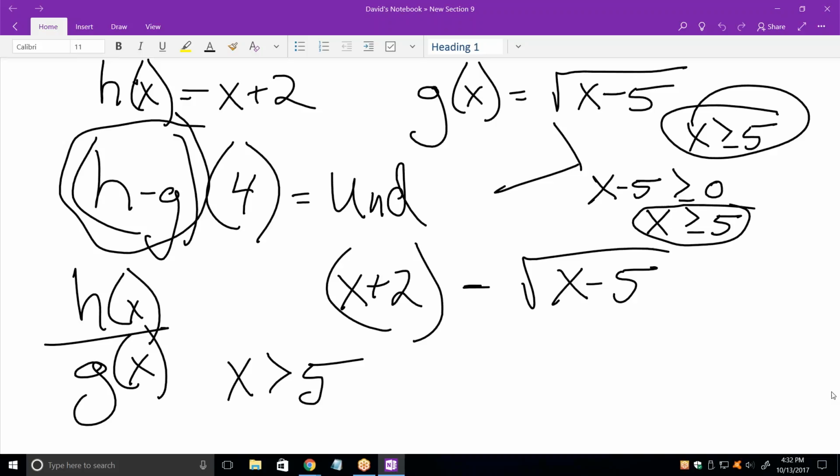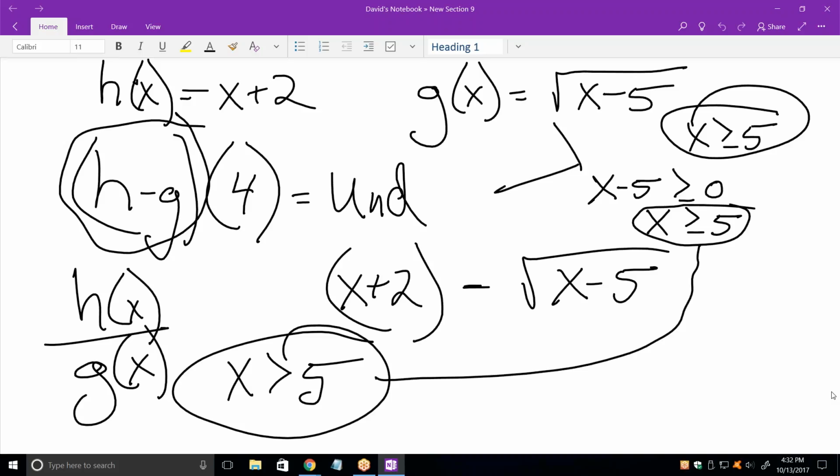Because if x were precisely equal to 5, well, now I'm dividing by 0. So this is more restrictive than the original function, because in the process of dividing by g of x, now there's more restrictions. You can't divide by 0.